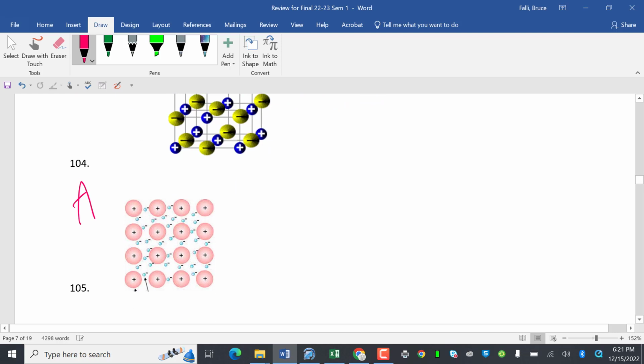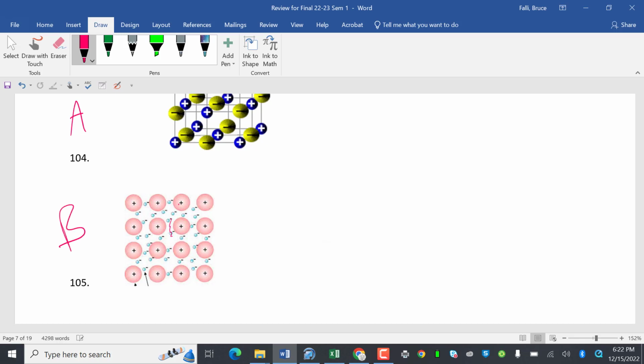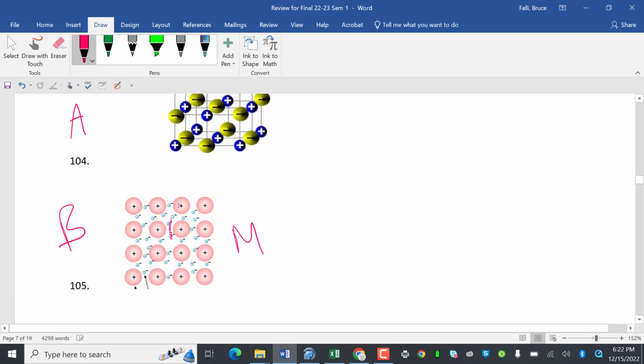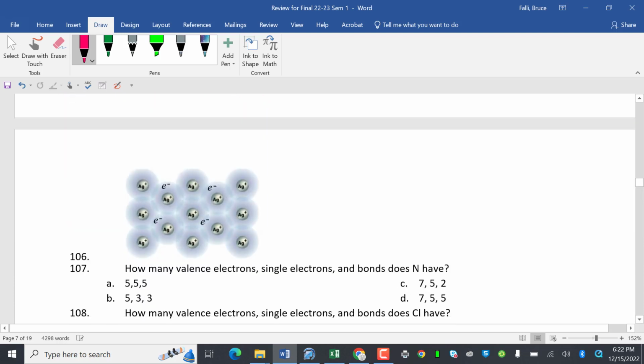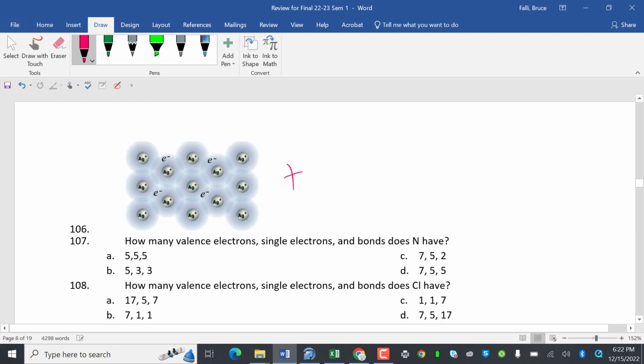Big positive, little bitty negatives. That's metallic. Ionic, metallic, covalent. Oops, I'll put M here. I'll take my deep breath. Hopefully my writing will stick. Hey, it did. This right here, big positive, little negatives, that's metallic, which was B.